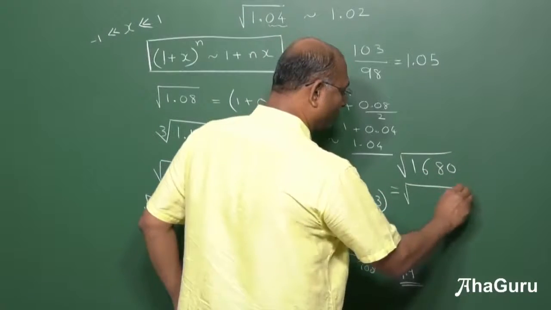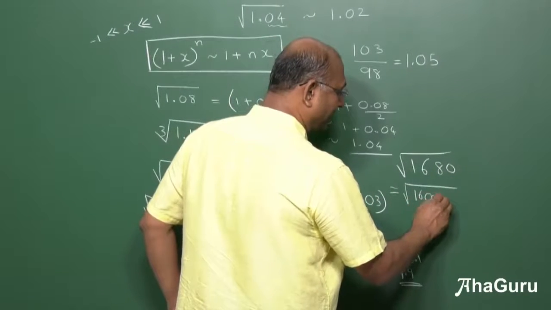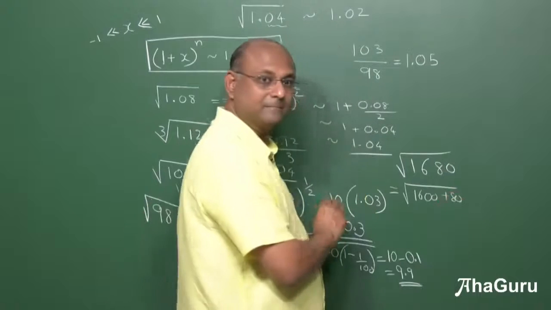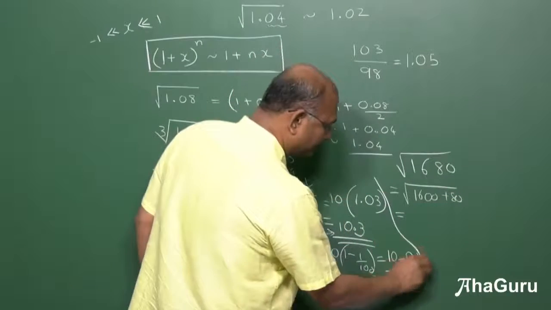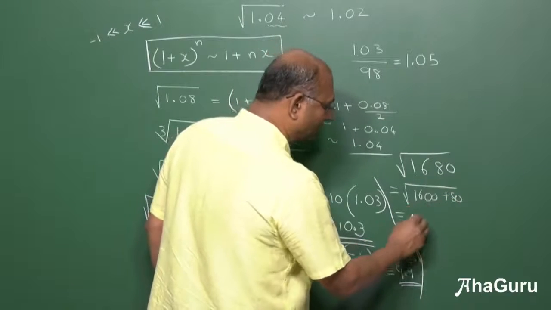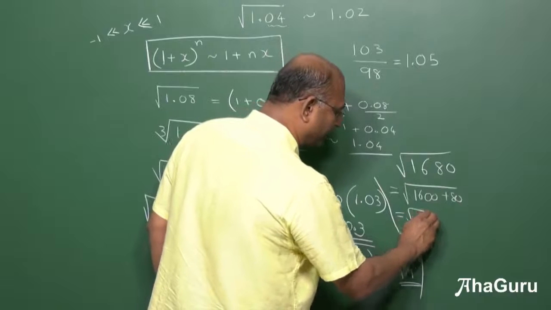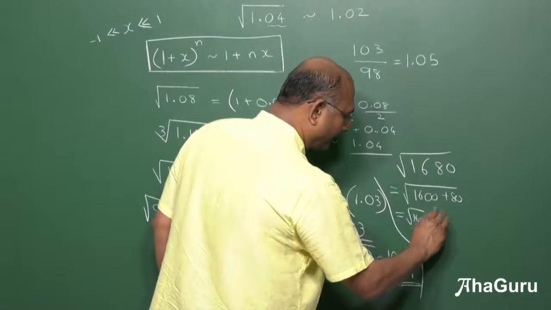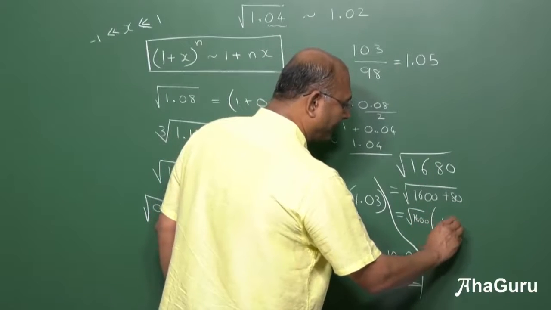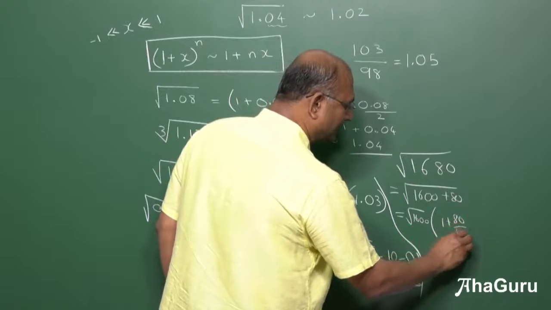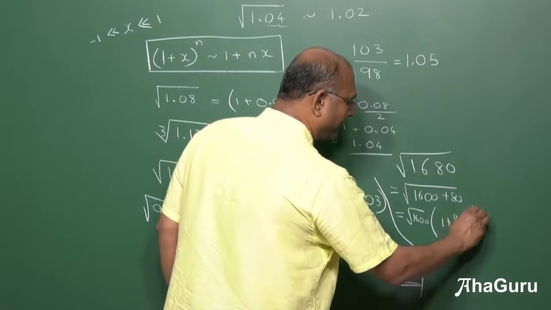So I will write it as root of 1600 plus 80. Then what I will do is I'll take the 1600 outside. So root of 1600 into (1 plus 80 by 1600) power half.